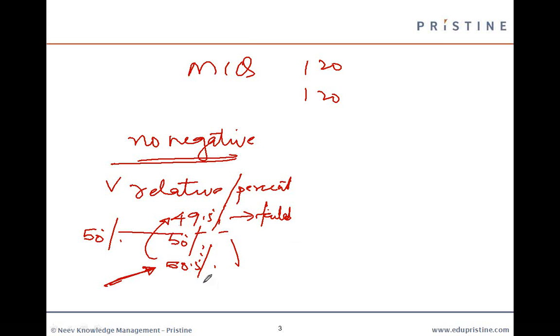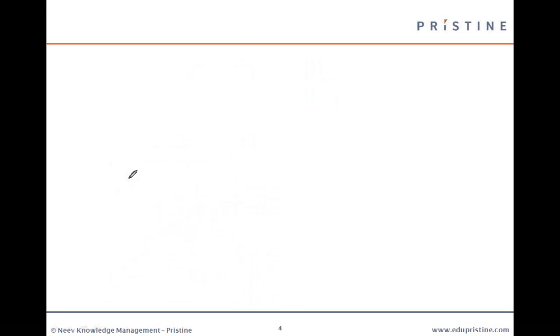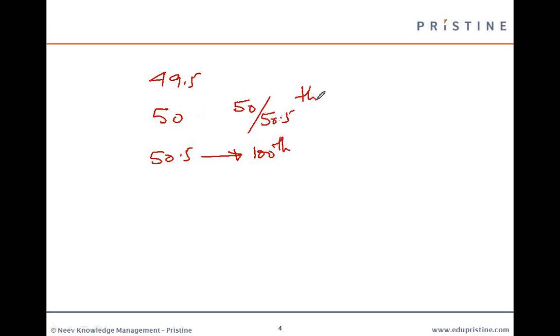In relative valuation, whatever mark your topper gets becomes your 100th percentile, and all other marks are valued relative to him or her. In the same example, you have 3 people getting 49.5, 50 and 50.5. 50.5 is the topper, he gets 100th percentile. 50 will be 50 by 50.5, and this one will be 49.5 by 50.5.